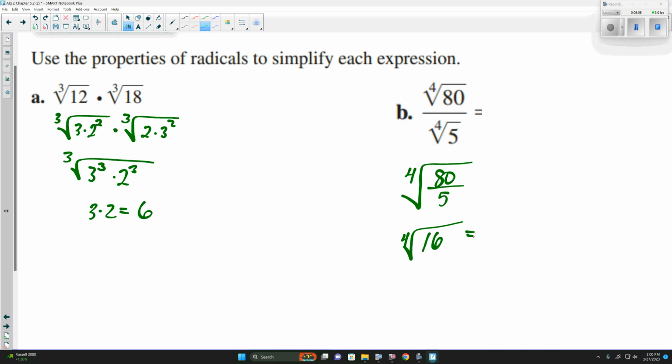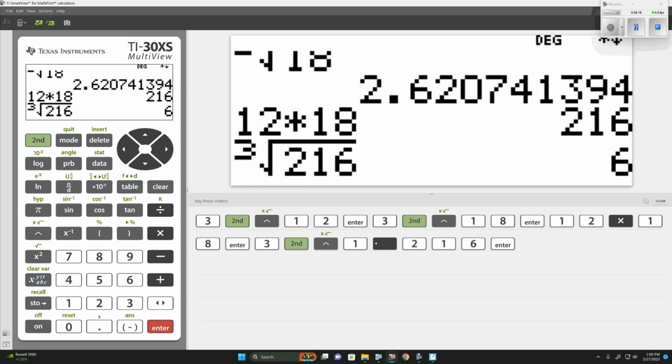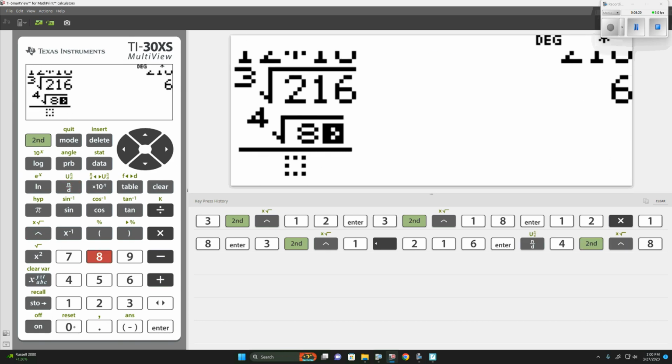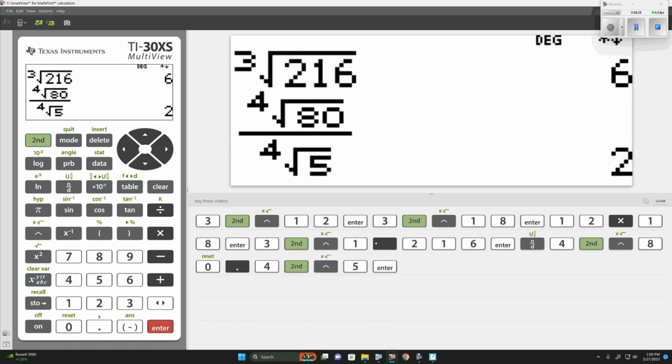Now we just need to take the fourth root of 16, which is 2. And when it works out nicely, we could have done this from the beginning. Fourth root of 80 over the fourth root of 5 is 2. So if it works out to be a nice number, the calculator can do it.